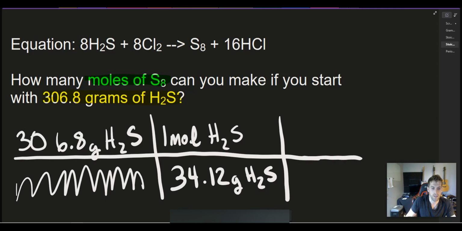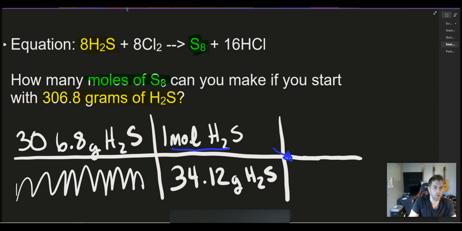Okay, last step. We got to do our mole ratio. We have our mole of H2S up here, so we also have to put it down here. Okay, our ratio, we'll find our H2S. We found it right here. It's at the start of our equation. We have 8 moles of H2S that I highlighted in yellow in the equation, and in green we find our sulfur, which we don't have any moles there.